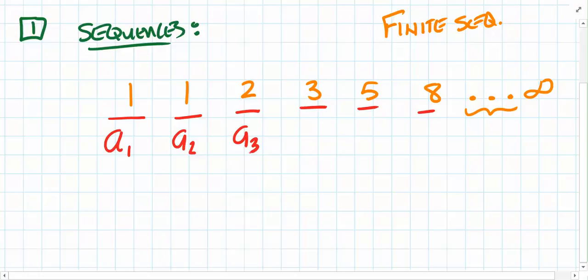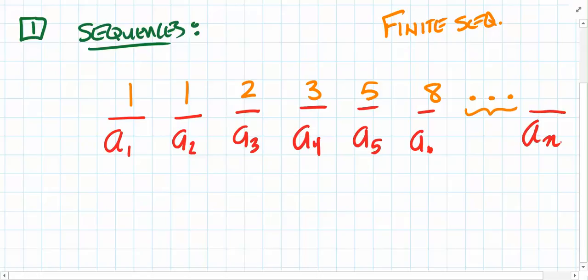What's the next one going to be? a sub 4. Then a sub 5, then a sub 6. Now if this kept going way over here, we call that a sub n, the nth term.